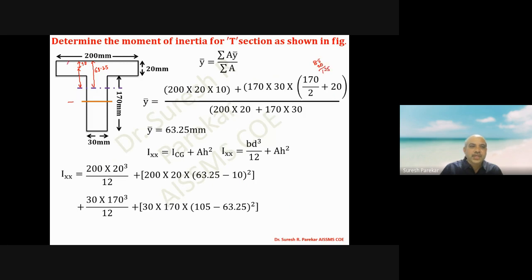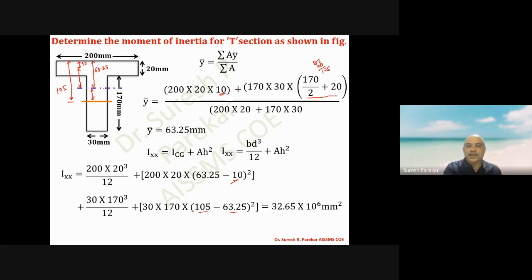So we have this distance as 105 from top, and then we have to go for h as the distance between the two axes, that is individual and whole section, and therefore we have 105 minus 63.25. Now this 10 value we have to take from here, and this 105 also we have to take from there only. So whichever is greater, we have to subtract the other value from this, and this is y bar of the whole section.